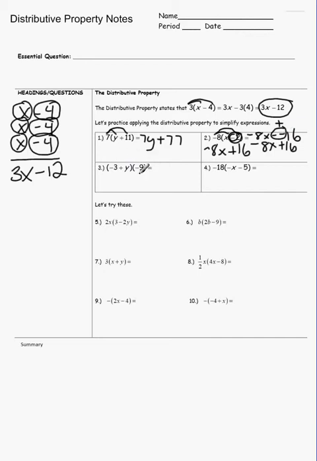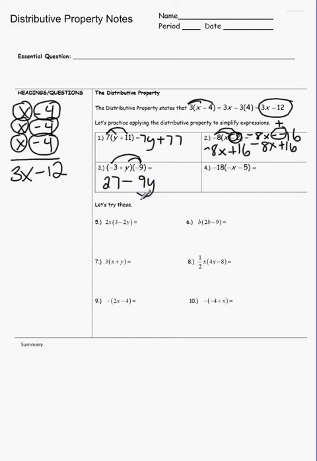Just because the negative 9 is on the back side here doesn't mean it's any different than the others. We're still saying negative 9 groups of negative 3 plus y. So negative 9 times y and negative 9 times negative 3. So negative 9 times negative 3, we have 27. Negative 9 times y is negative 9y.